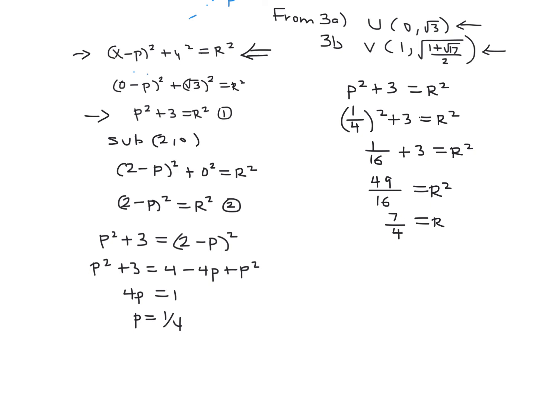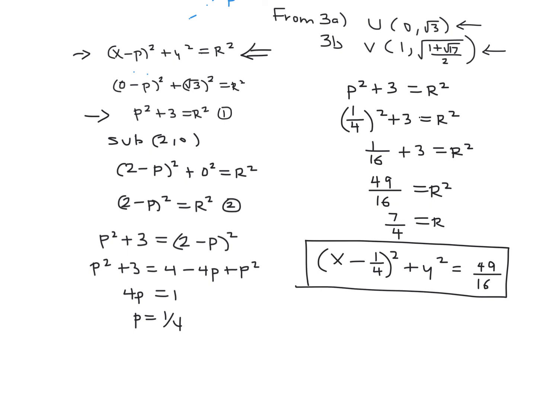So now let's substitute it back into there. So that means my actual equation is (x minus 1/4) all squared plus y squared is equal to 49 over 16. So this is the equation of the circle. And now I will try to substitute this value to see if it works.